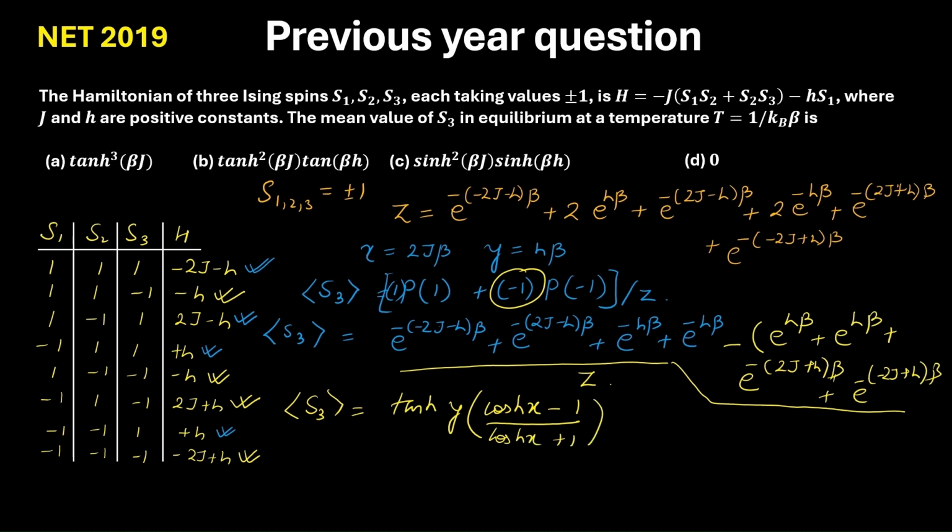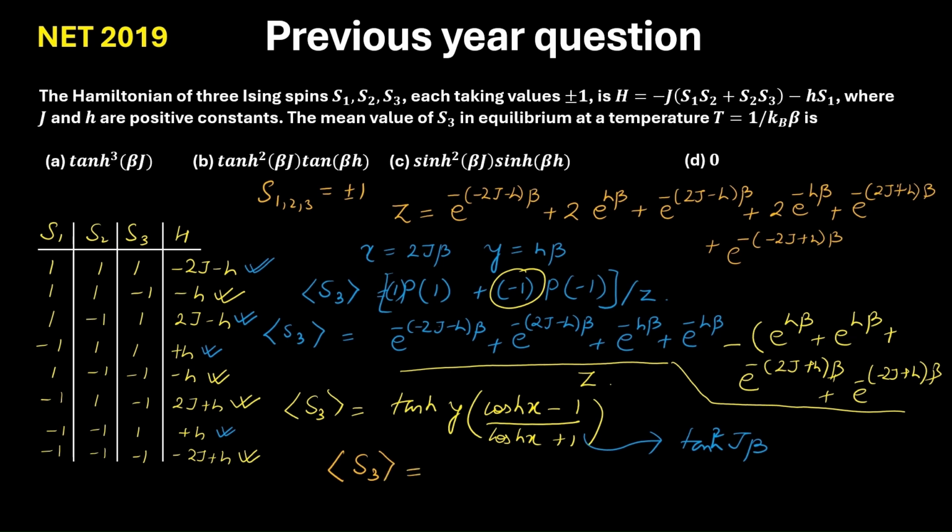Here x is 2J beta. Now this term inside the bracket we can again simplify to tanh squared of J beta.